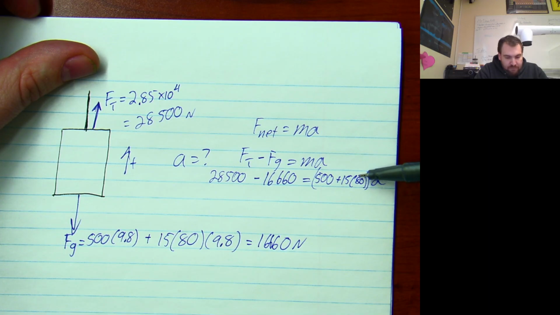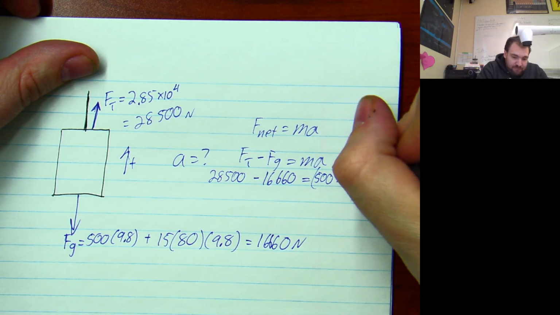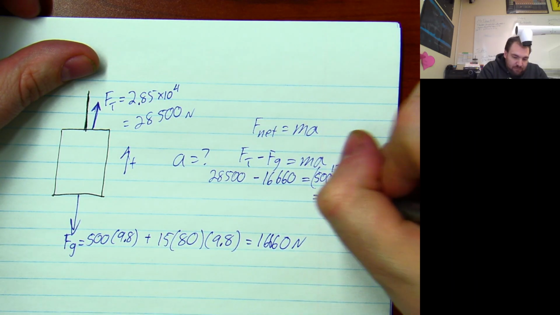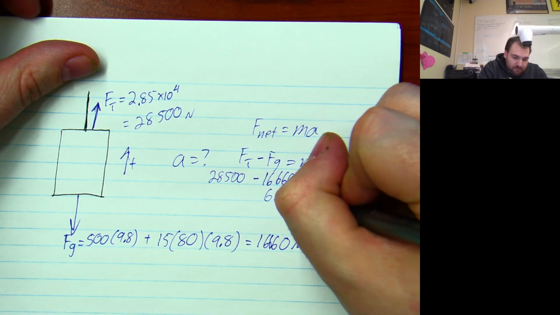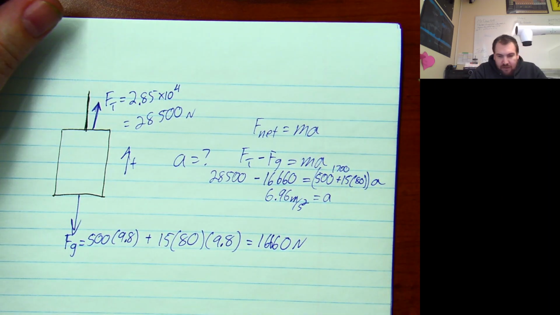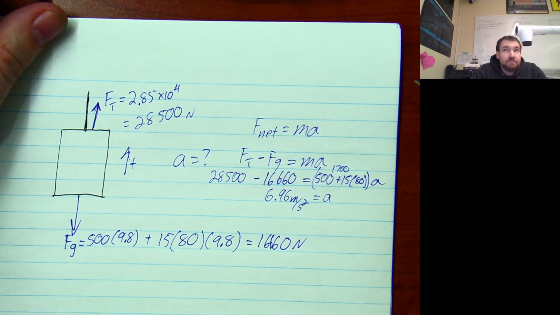Cool. So what's A? 6.96 meters per second squared.